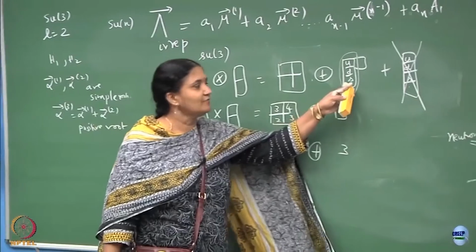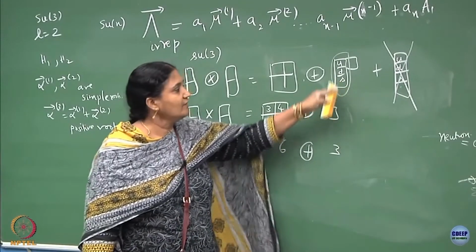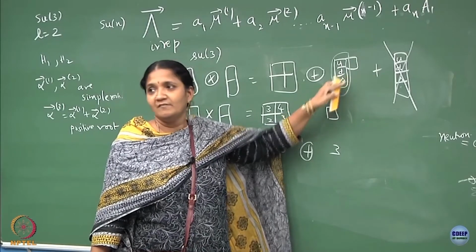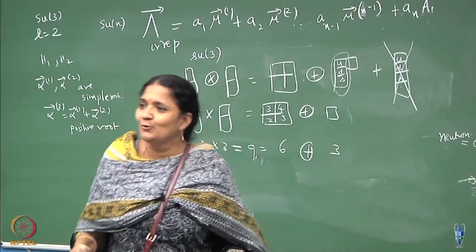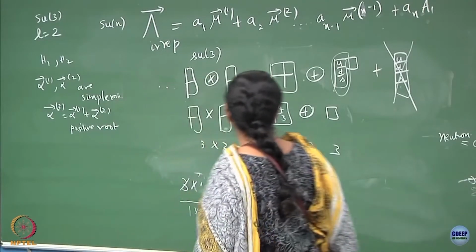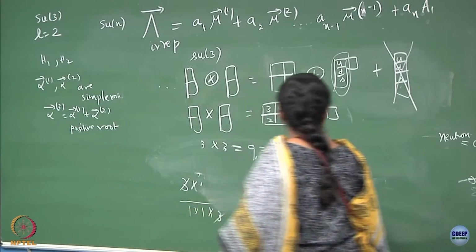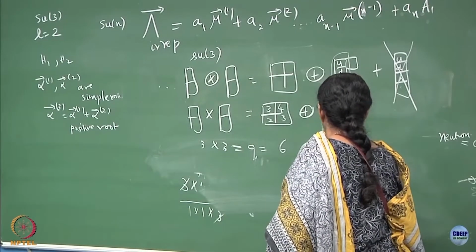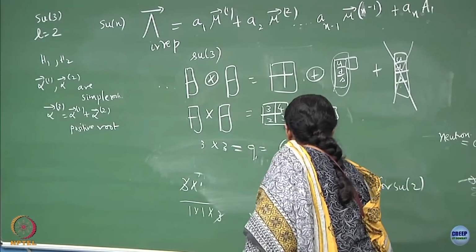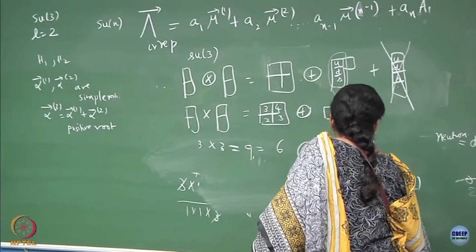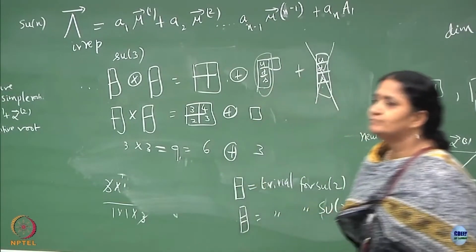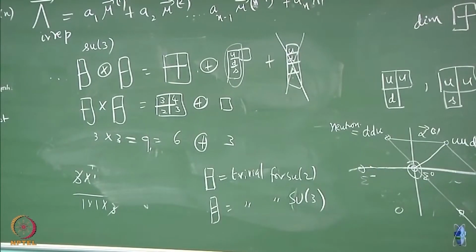This is something you have to remember: whenever you have a vertical 3 box for SU3 you can ignore it. Whenever you have a vertical 2 box for SU2 you can ignore it. Right. This is trivial for SU2. This is trivial for SU3. Okay. Clear?